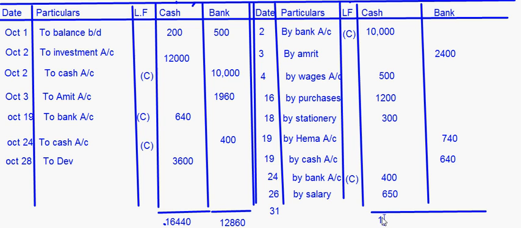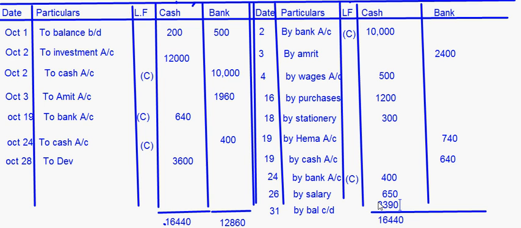So basically this is the total on both sides here, and here you will have by balance carried down, right? That is 16,440 minus the total of all this, minus 10,000, minus 500, minus 1,200, minus 300, minus 400, minus 650, which will give me 3390, right?